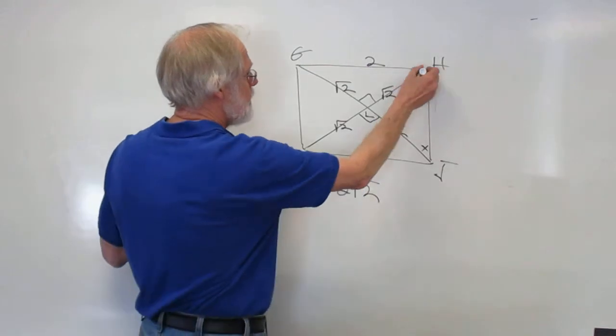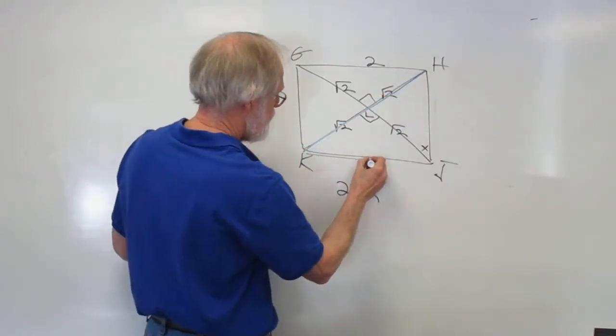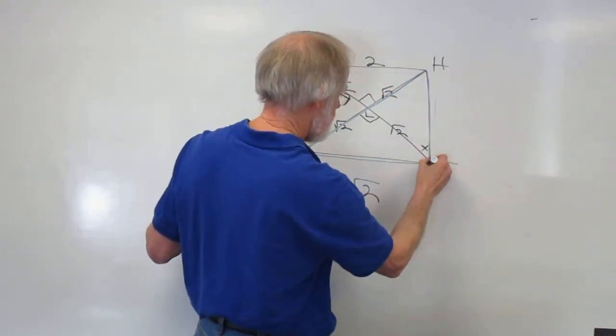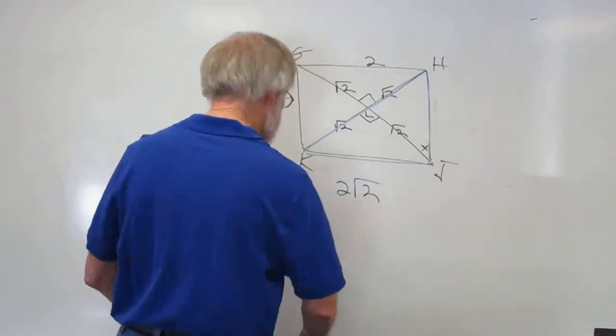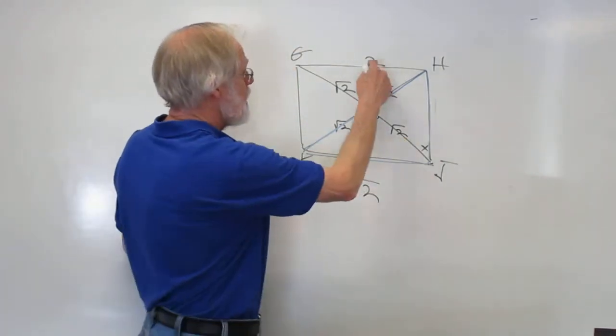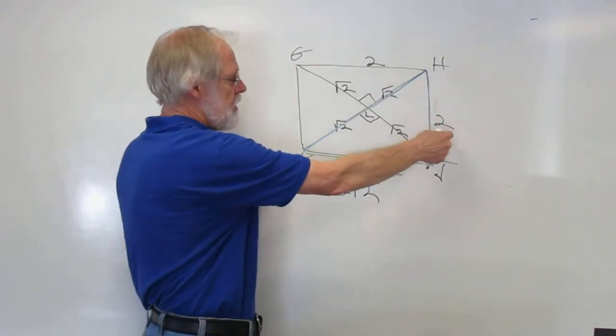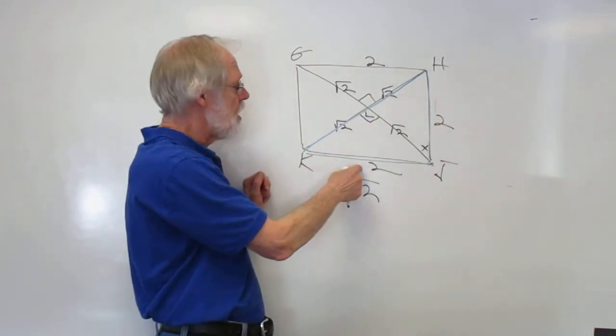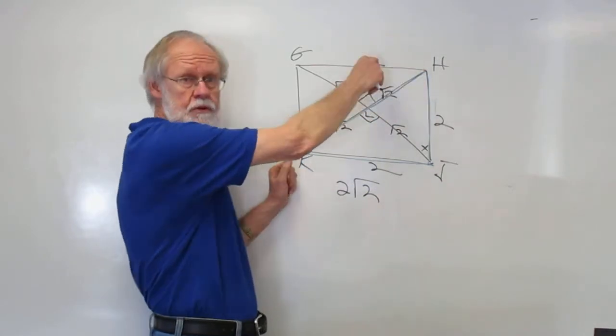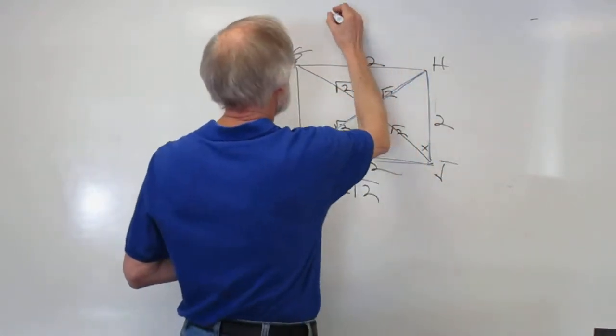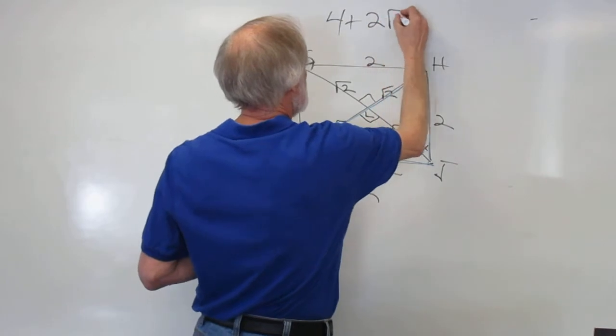Hopefully on the video you can see that. It's a square, so that's 2, that's 2, that's 2. So we have 2 plus 2 is 4, plus these two square root of 2. So the answer is 4 plus 2 square root of 2.